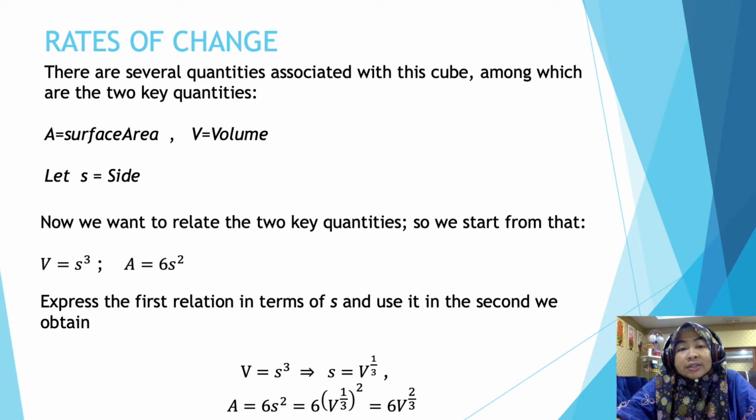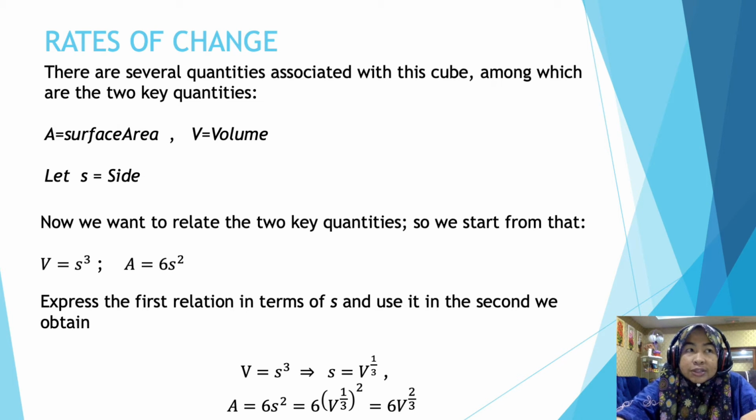From the question given, we need to find the rate of surface area melting, so we don't have any information about volume. So I express S in terms of V, then we use it to substitute into the formula of surface area. Now, surface area A in terms of V.